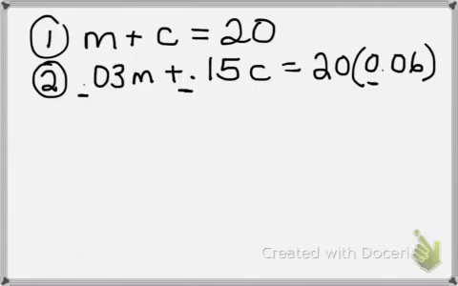Okay, so we have our two equations, but when we're trying to use elimination, we want to find numbers that are easy to subtract. So what I'm going to do for number 2, I'm going to make a new equation for number 2 that doesn't have the decimals. That's a little easier to work with. So how do I get rid of my decimals?